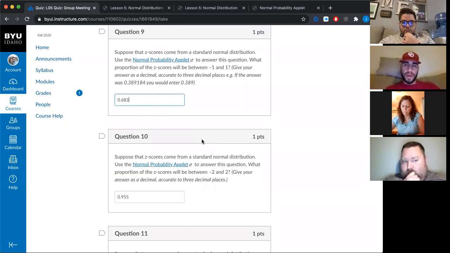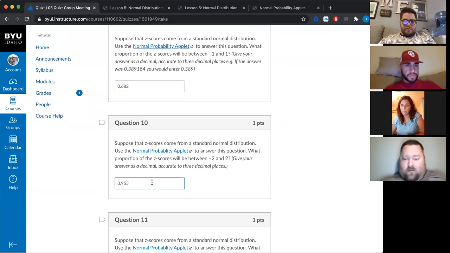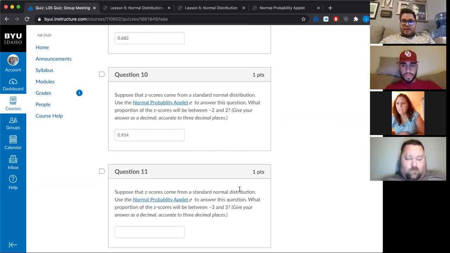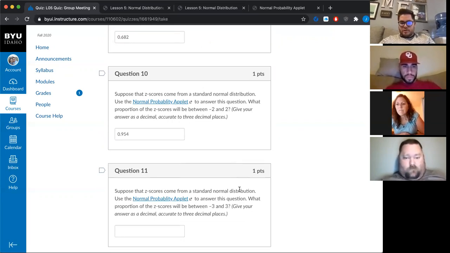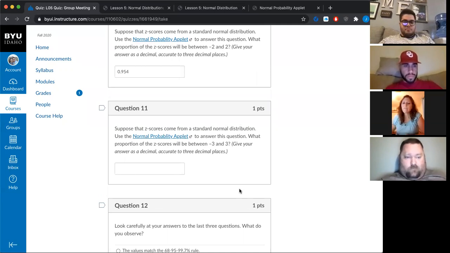Yeah, I think that's fine. The 0.683 and the 0.955, for sure. I think we should just write the first 3 decimal places. So 0.682 and 0.954, I think. And then I can submit it really quick, and if it's wrong, we can change it. It'll take 2 seconds.